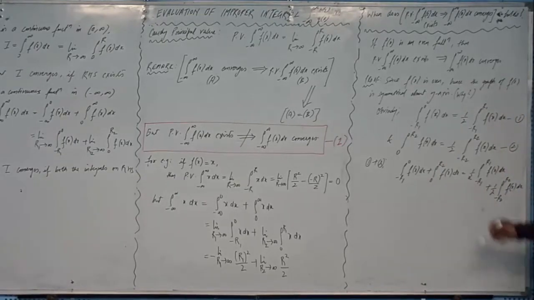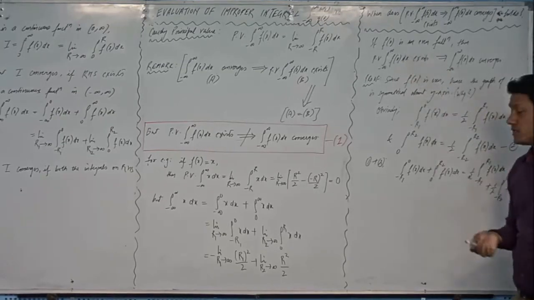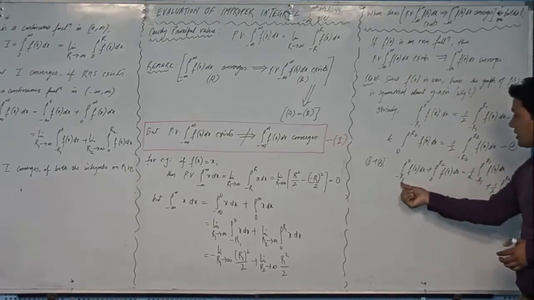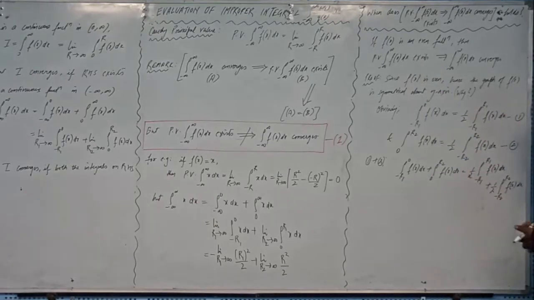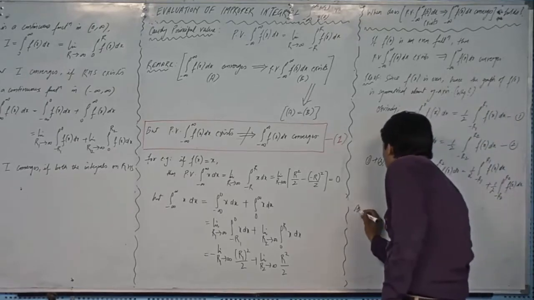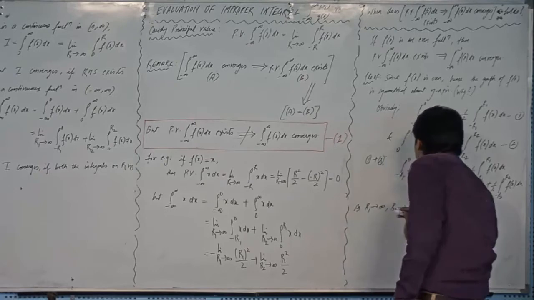Since we are interested in this integral with the limits minus infinity to plus infinity, I will approach r1 to infinity and r2 to infinity in order to achieve this, as r1 tends to infinity and r2 tends to infinity.